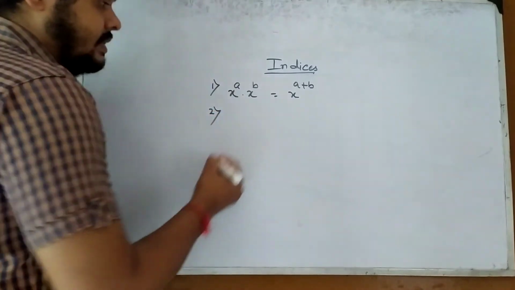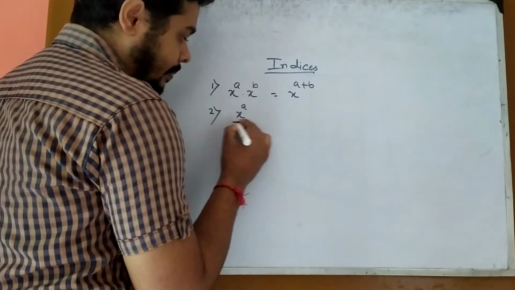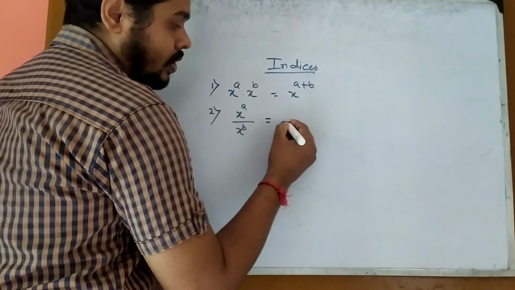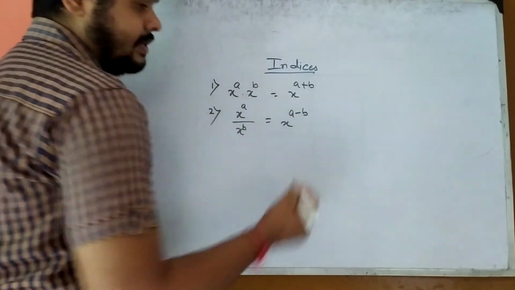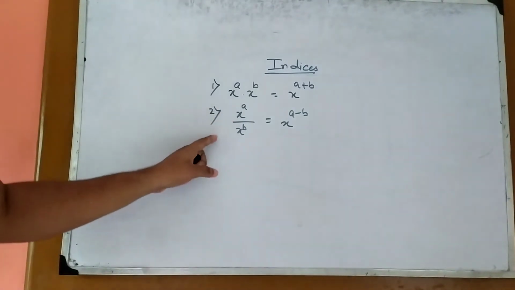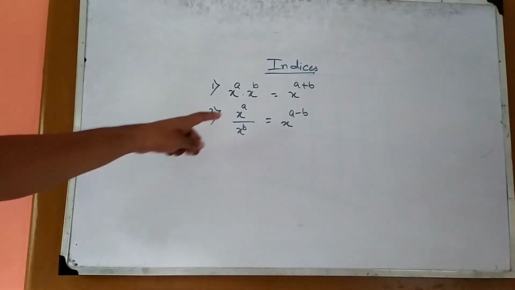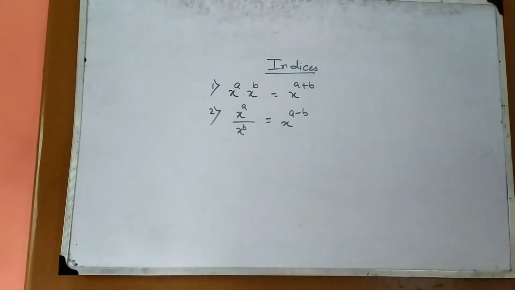The second one is x to the power a by x to the power b, equals, as we know earlier, x to the power a minus b. Here the base is the same, both times the base is x, but the components are different and they are in division form.